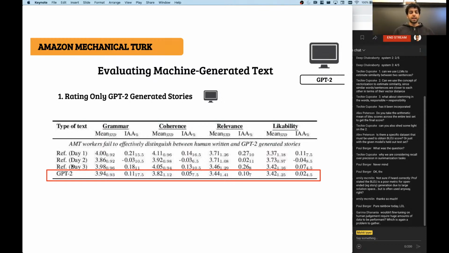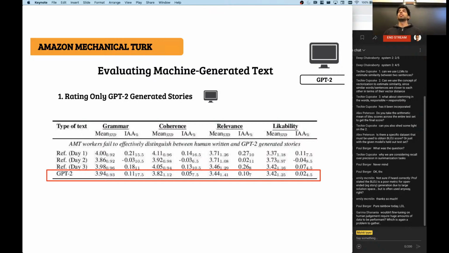She found that Amazon Mechanical Turkers think that the stories generated by a language model are just as good, if not better, as human-written stories, even though by visual inspection you can tell that the stories that the model generates are irrelevant, they don't make sense, they often make up completely new characters out of thin air and then have them be important parts of the plot.